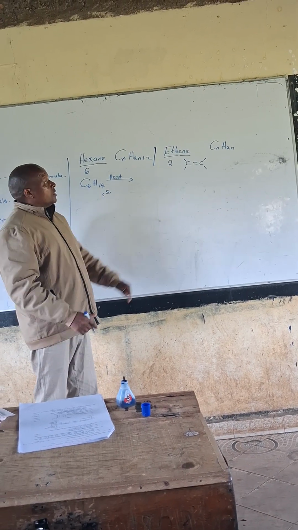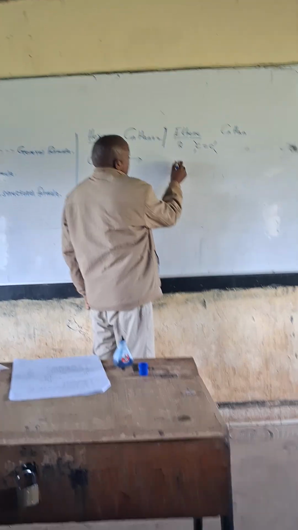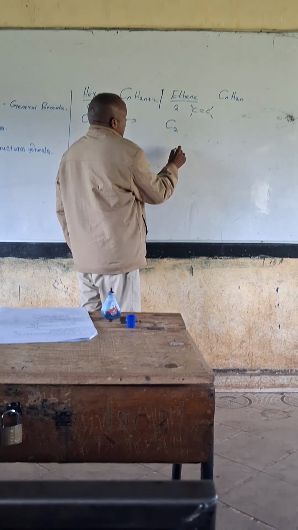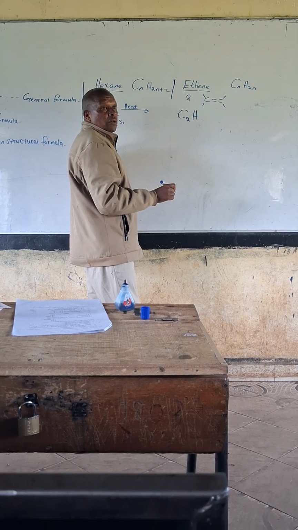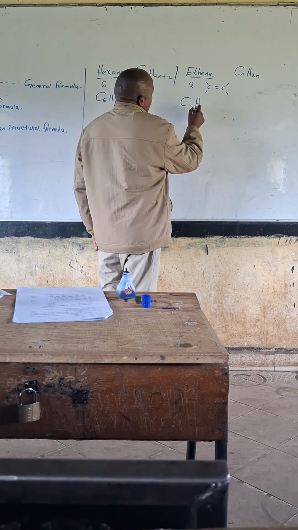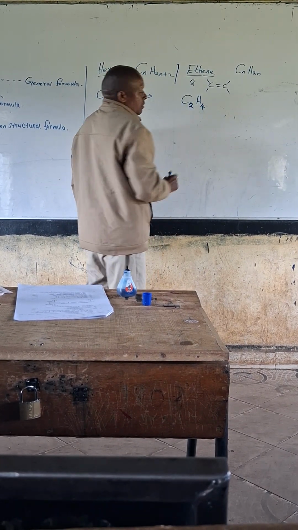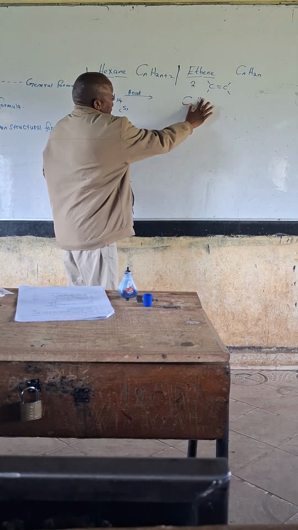So now we have C2H2n, 2 times 2, 4. So ethene is C2H4.